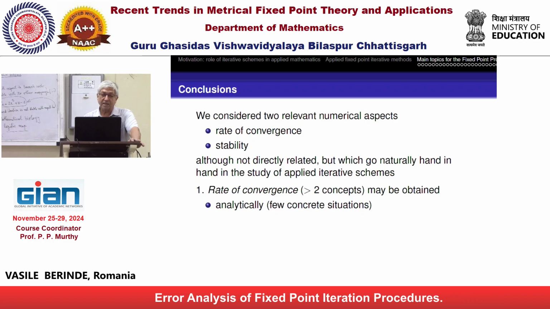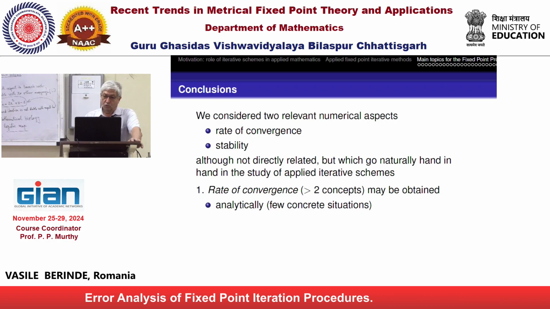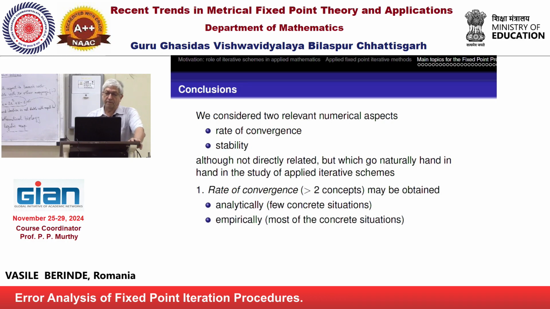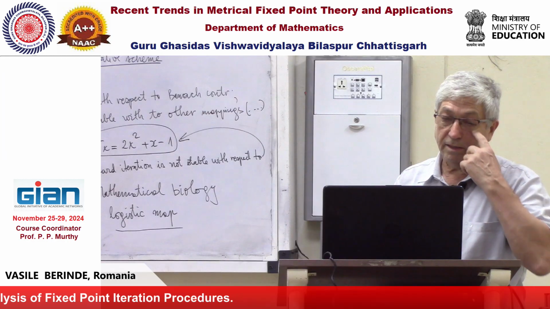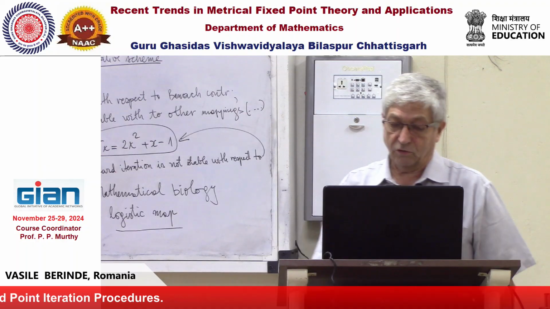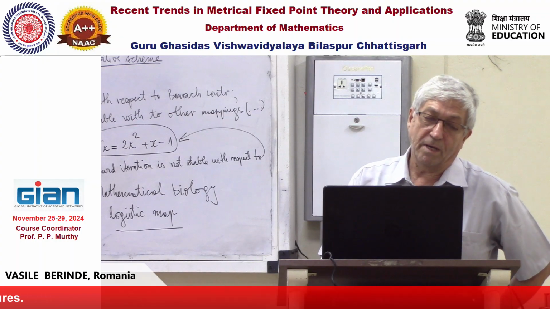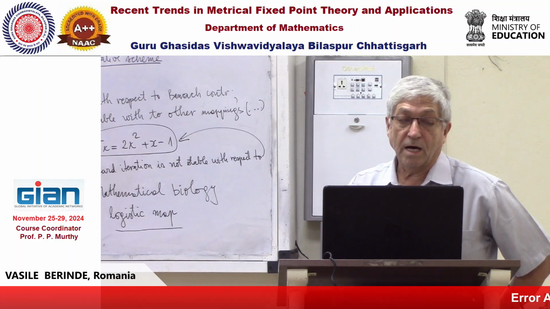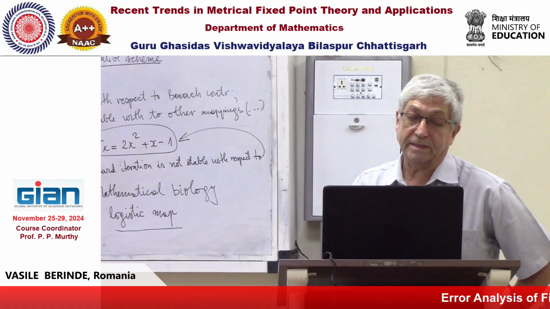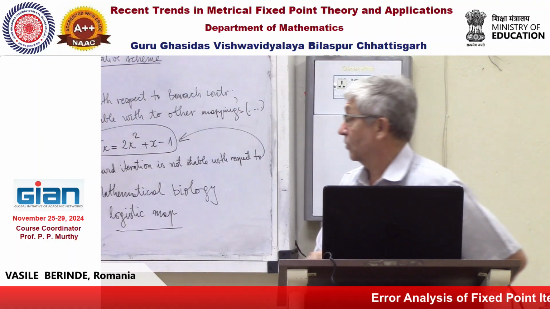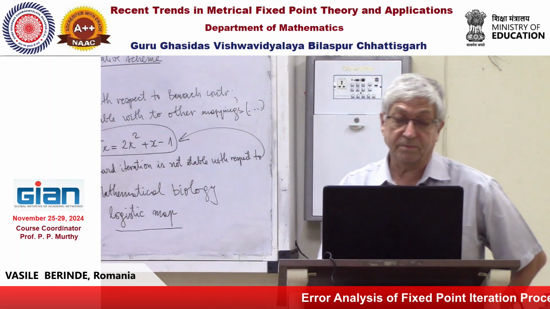So I presented you two concepts of rate of convergence, the analytical rate of convergence, and a third one combining them. Then I introduced this new concept of rate of convergence for fixed point iterative schemes.